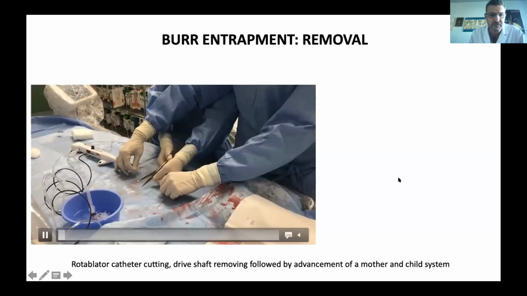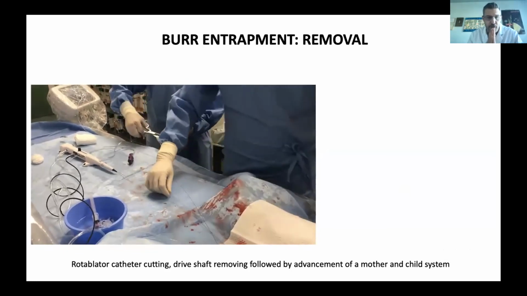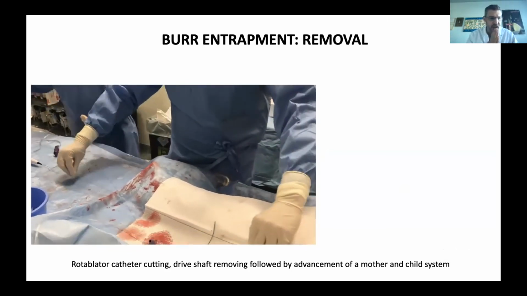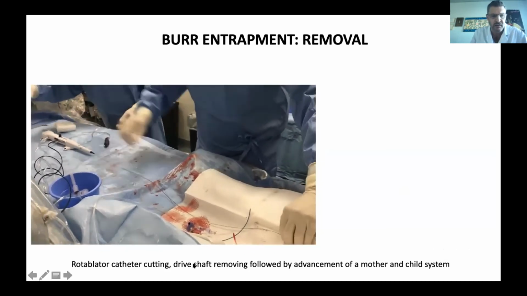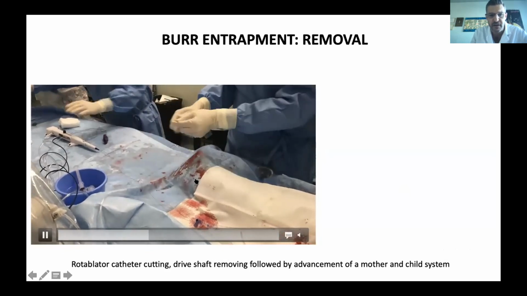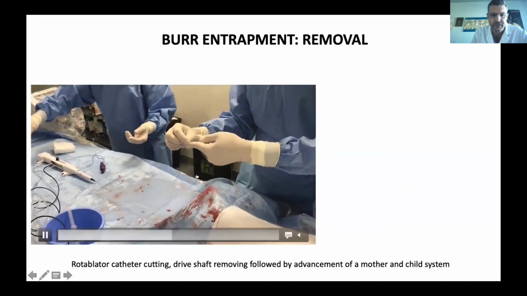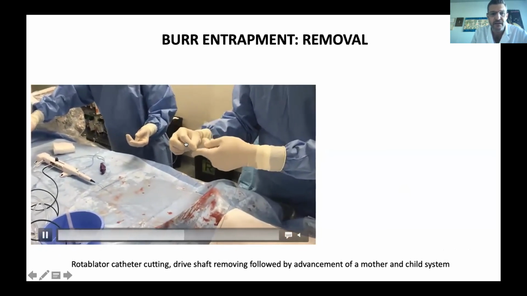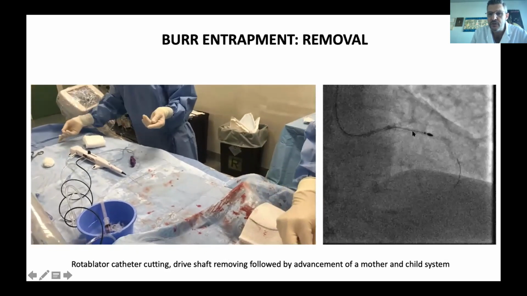This is a very explanatory video of the telescoping technique. Of course, you should cut the rotablator catheter. After that, you should remove the drive shaft. Once you remove the drive shaft, you can advance over the remnant part of the device a guide catheter extension very close to the entrapped burr.